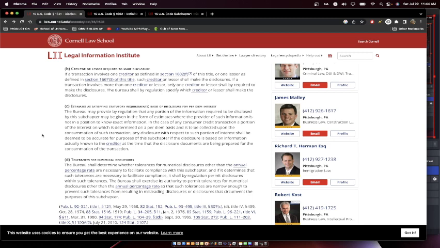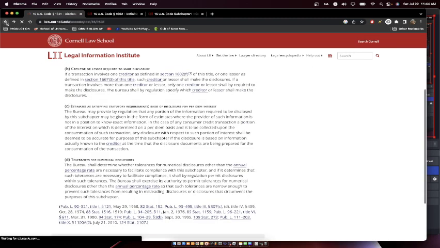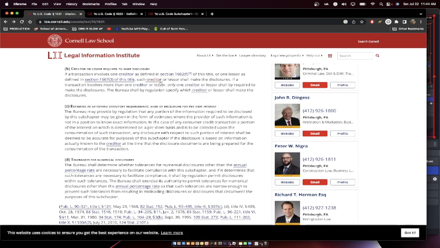The Bureau shall, by regulation, specify which creditor or lessor shall make the disclosures. Okay, so the term creditor is questionable, right? Unless a lease is the credit.